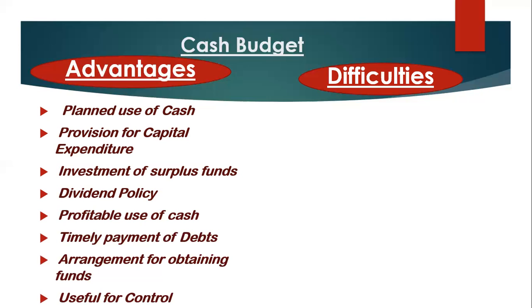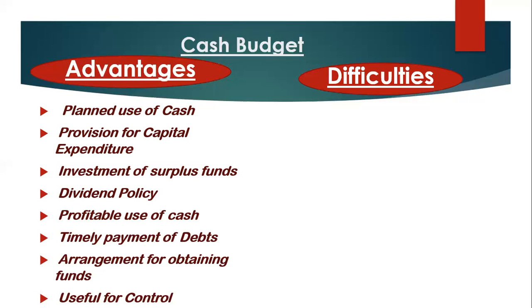Then the last benefit of cash budget is that it is useful for control. What is the expense and income according to the cash budget? We can compare the actual expenses and incomes with the cash budget.